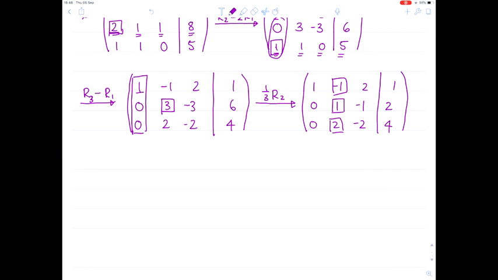So you can pick how you want to work this. I'm going to work with this 2 first. So I'm going to say row 3 minus 2 row 2. So I'm not changing my first row. I'm not changing my second row.